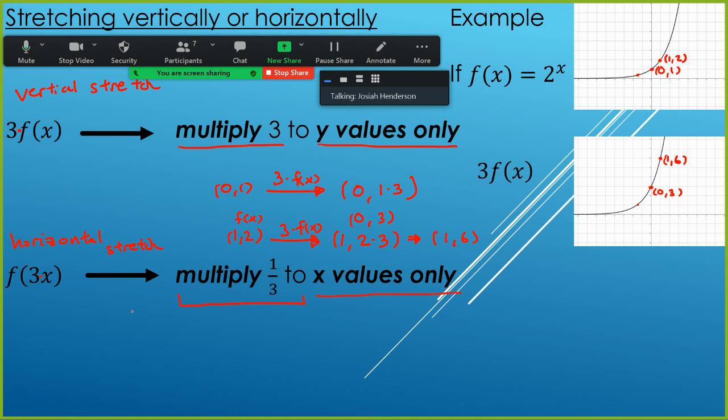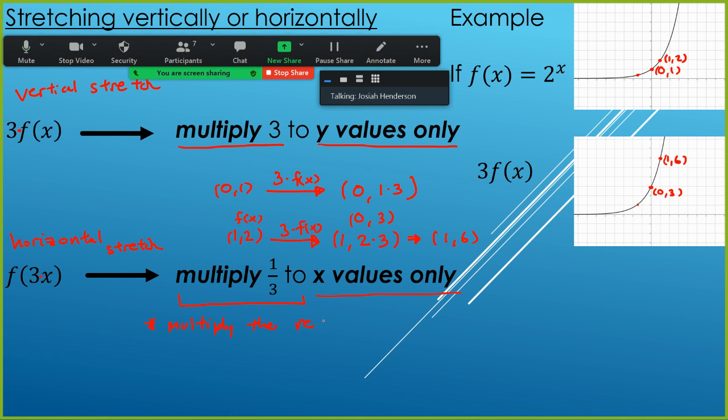So let me write this down. When we do horizontal stretches, for any multiplier inside the parentheses with x, what we're multiplying is the reciprocal. So that's how the opposite is kind of showing itself with the horizontal stretch.